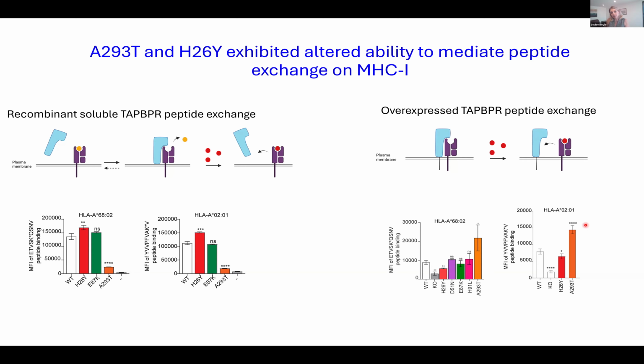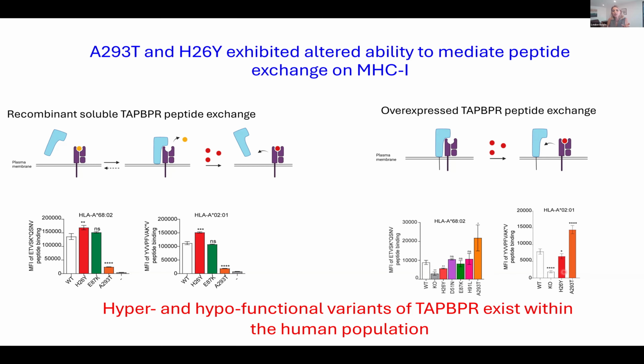So we think this is because it has lower affinity. It can then be more easily outcompeted when we add exogenous peptide. In contrast, the H26Y variant with the higher affinity for MHC class 1 found it more difficult to outcompete with peptide, and this resulted in its lower ability to load peptides onto these MHC class 1 molecules in this assay system.